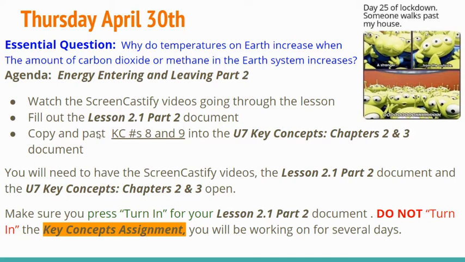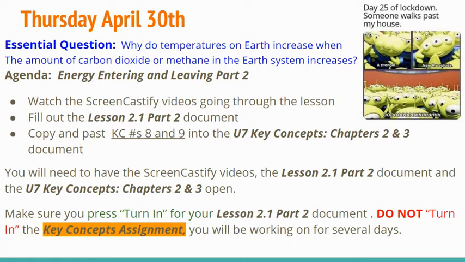We're going to copy and paste key concepts numbers 8 and 9 into the Unit 7 key concepts, chapters 2 and 3 document. So you will need to have the Screencastify video open, the lesson 2.1 part 2 document open, and the Unit 7 key concepts, chapters 2 and 3 open.